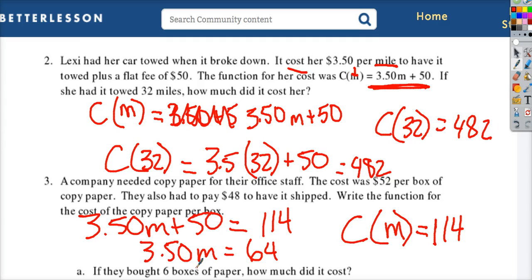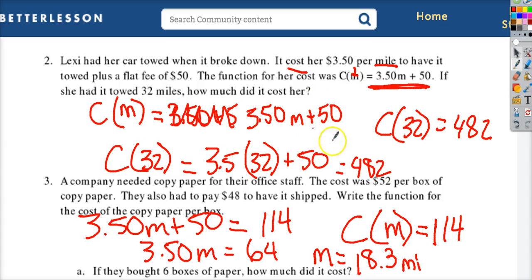So 3.5 goes into 64 about 18.3 miles. So again, how many miles can you drive with $114?